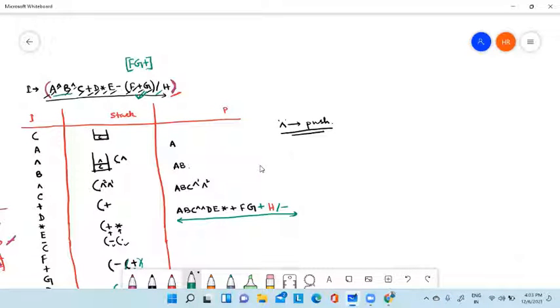This one having the higher precedence, so it will give you A B C to the power. We have already done this. What is left? Plus D into E, then minus this one divided by H, which have the next precedence, into and division.